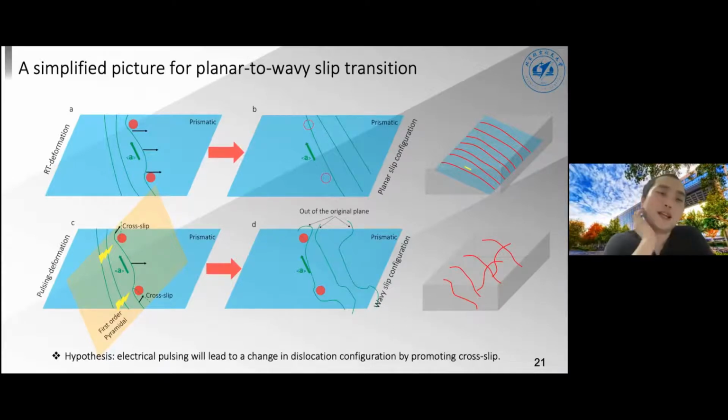So again, it is our hypothesis. We don't have direct evidence of cross slip, but my colleague at Berkeley right now is doing in situ TEM while applying electrical pulse. Hopefully, we can provide some direct evidence of cross slip in the near future.